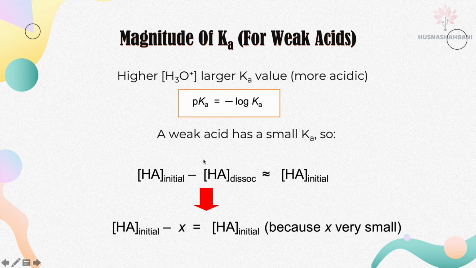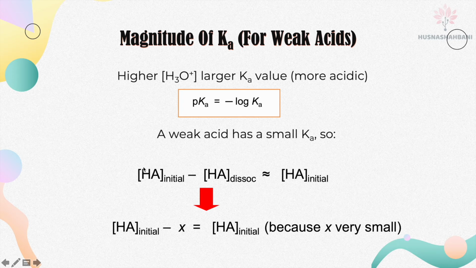We know that a strong acid dissociates completely, but a weak acid is only very slightly dissociated. So the change, the concentration of acid dissociated, is very small.